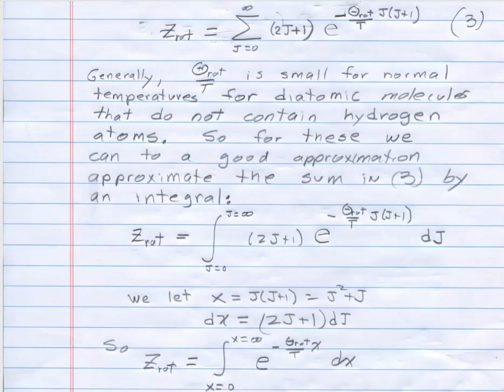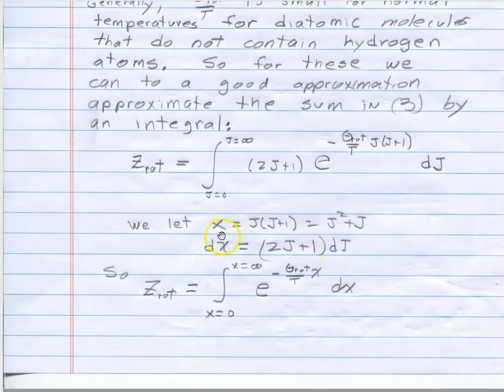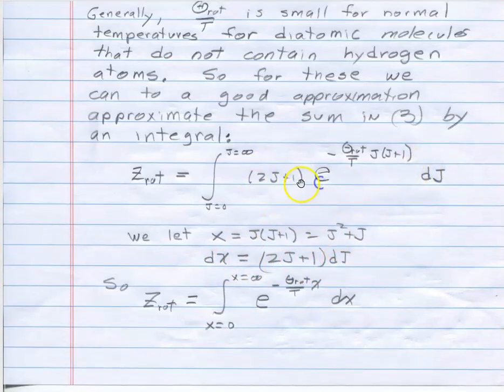I did that real quickly. I just did a change of variable, so I let x equal j times j plus 1. And remember, j times j plus 1 is j squared plus j. And I take the differential of both sides of this. dx then is equal to 2j plus 1 dj. And if you notice, that's exactly what's here, which works out nice.